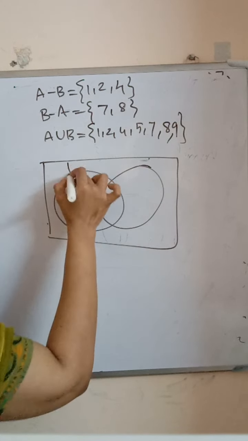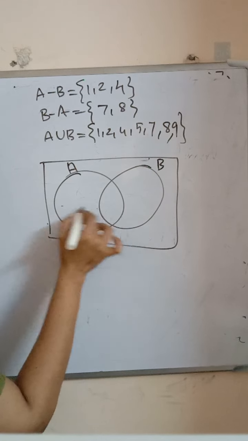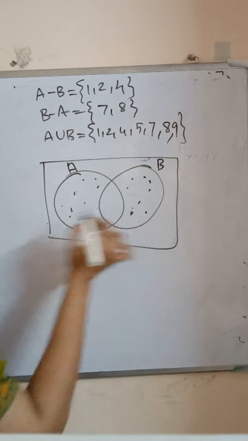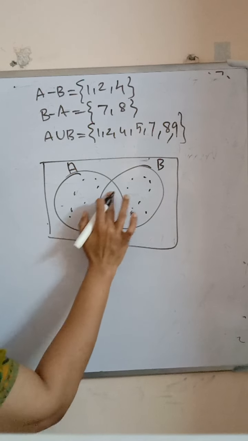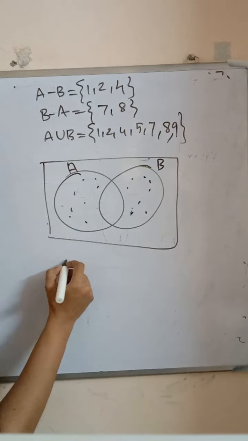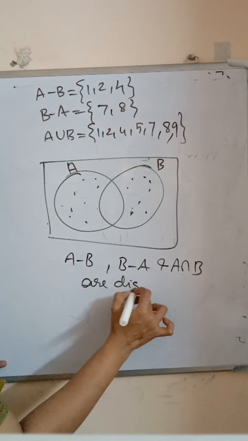We know that this portion is A difference B, this portion is B difference A, and this is A intersection B. These three sets are disjoint sets.